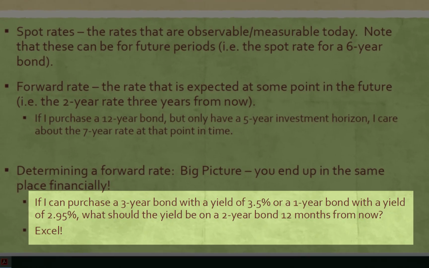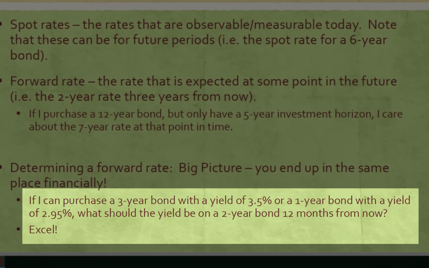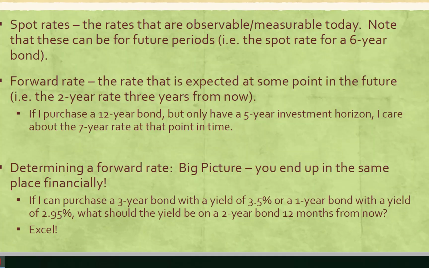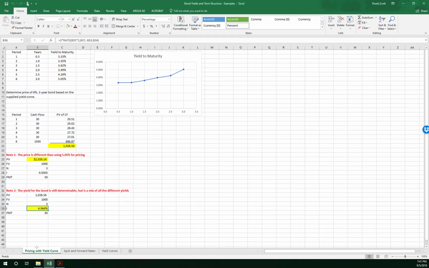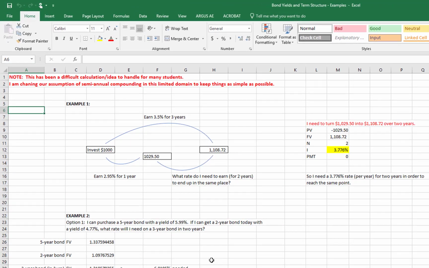If I purchase a 3-year bond with a yield of 3.5% per year, or I look at a 1-year bond with a yield of 2.95% and then piece together a 2-year bond on top of that, the question is, what yield should be on that 2-year bond, and in particular the forward rate on that 2-year bond, because I'm thinking about getting that bond 1 year from now. So it's a forward rate that I'm concerned about, and in particular it's the 2-year forward rate 1 year from now. So let's go to Excel and look at this again, and it helps to see the picture, I think.